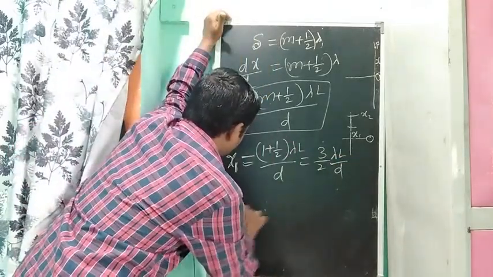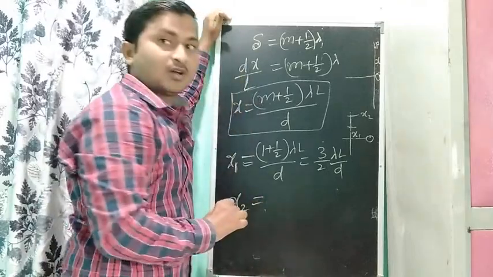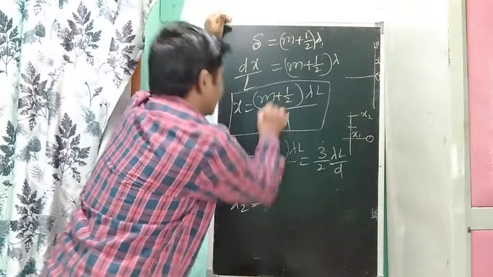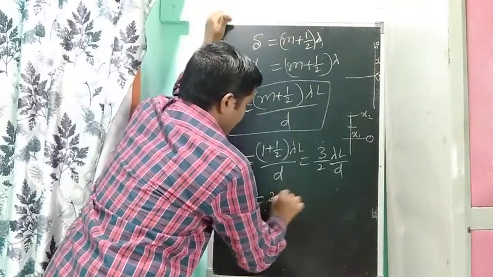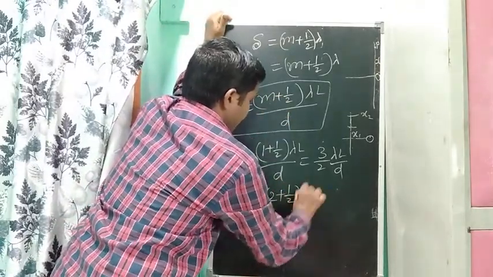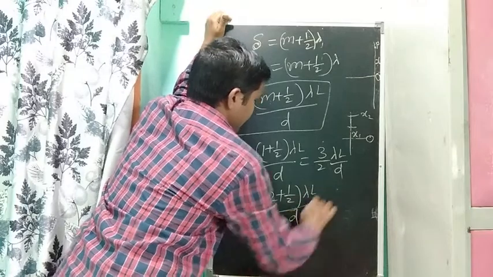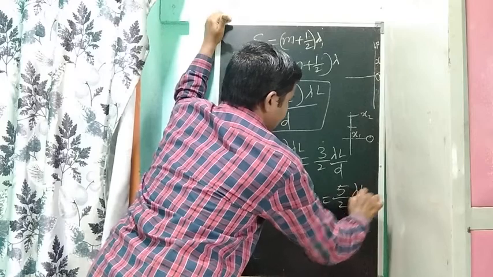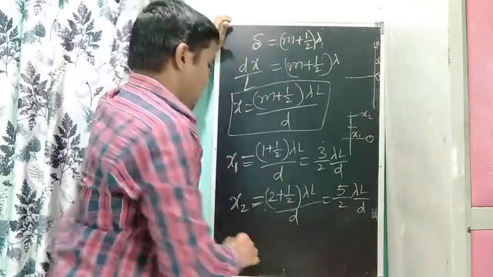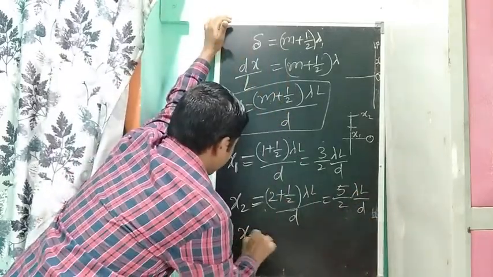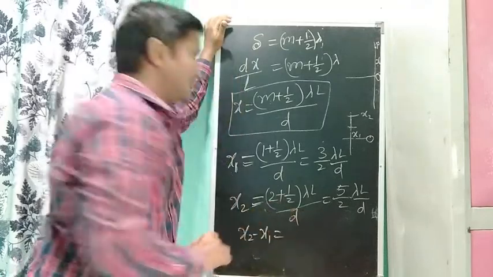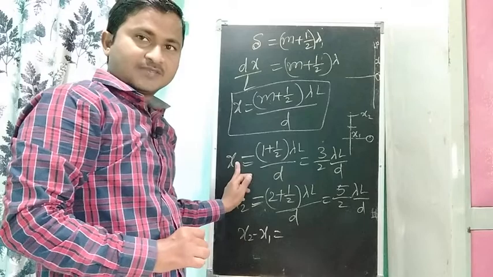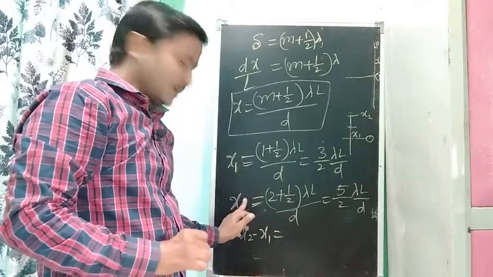Similarly, the distance of the second dark fringe from the central fringe is x2. If you substitute m equal to 2, we get 2 plus 1 by 2 into lambda L by d, that equals 5 by 2 lambda L by d. Now x2 minus x1 is the distance between the first dark fringe and the second dark fringe.